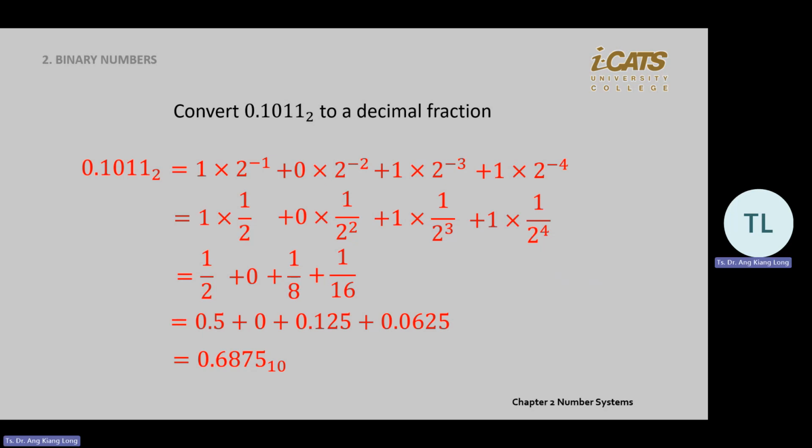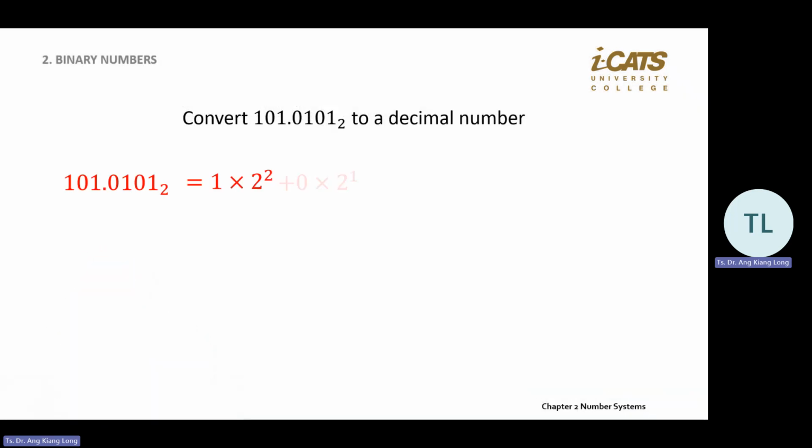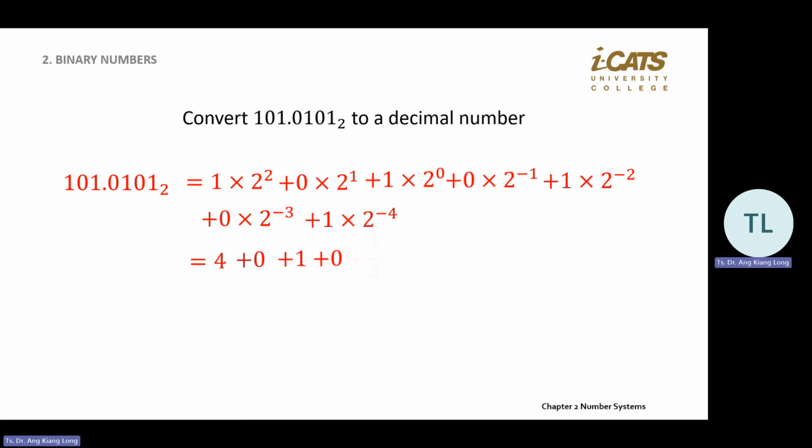Minimum 3 decimal places in your answer. But if you have 4, then you give 4 decimal places. Okay, so this is maybe something new to some of you. This one you know already, I skip.